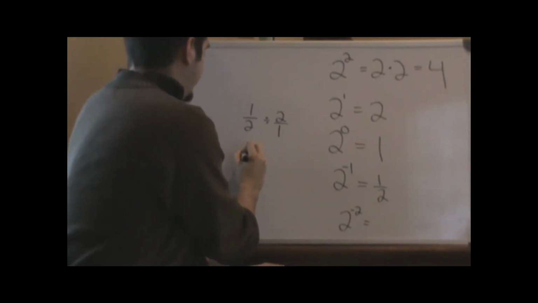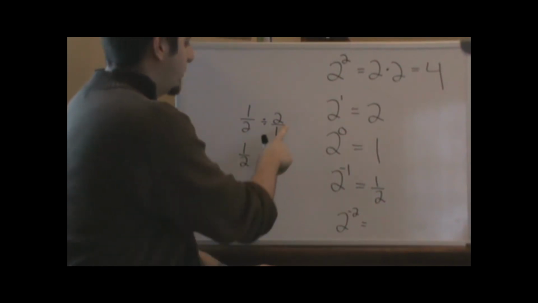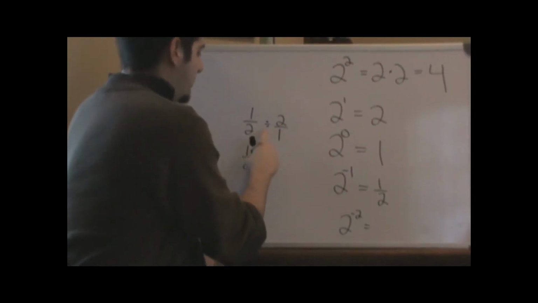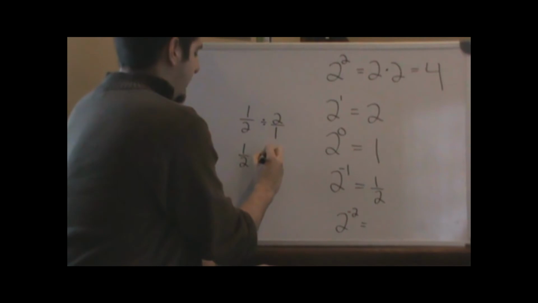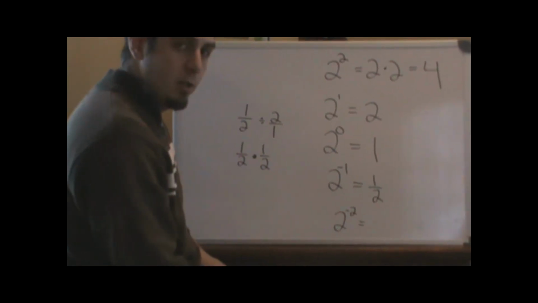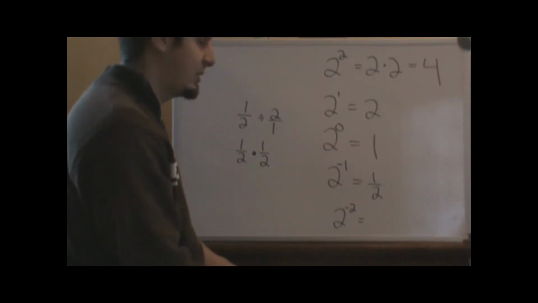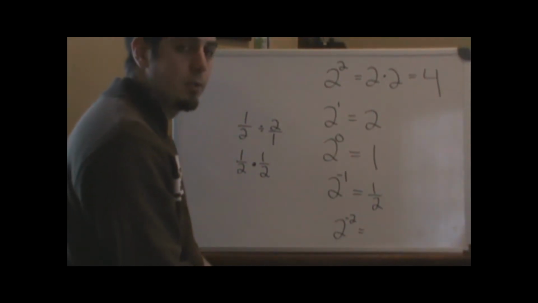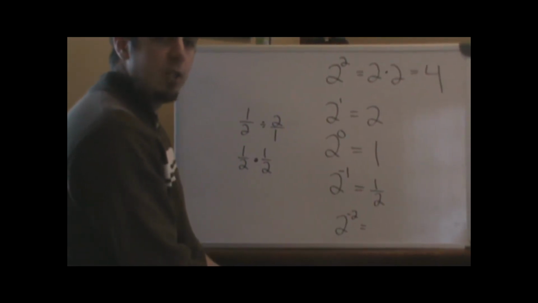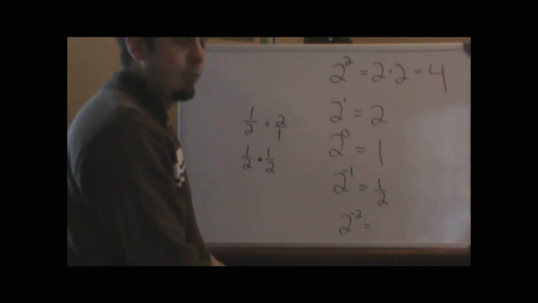So, to flip and multiply, to divide fractions, you flip the fraction on the right, and you change division to multiplication. This does work. This is accurate, and again, there's an explanation for why this works in the fraction section under dividing fractions.